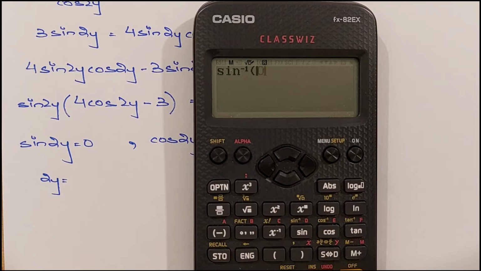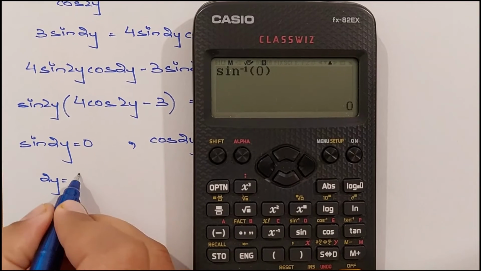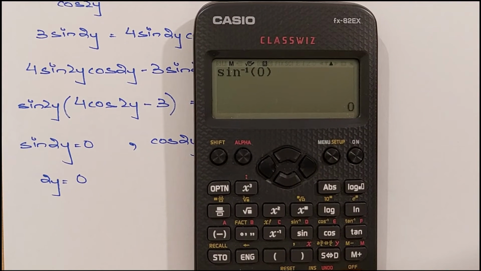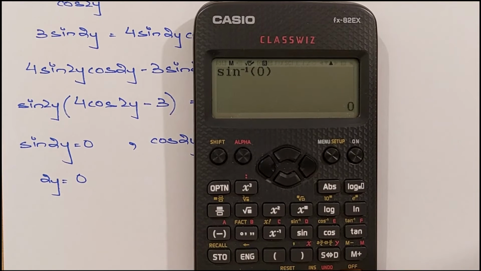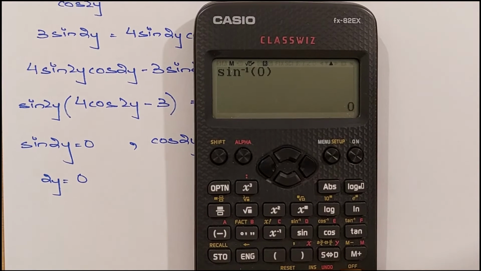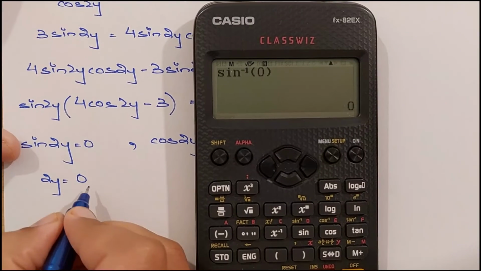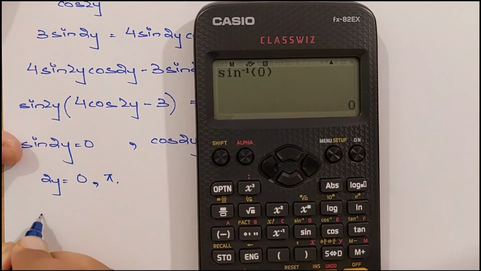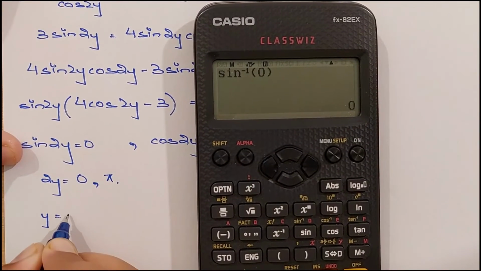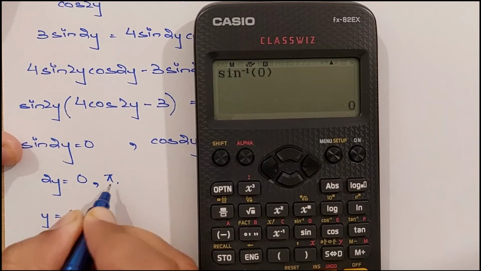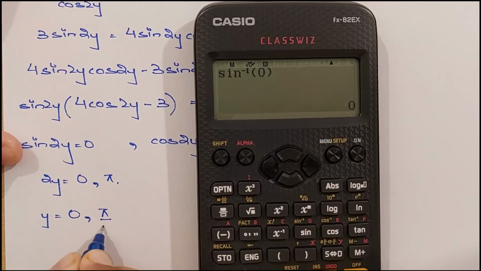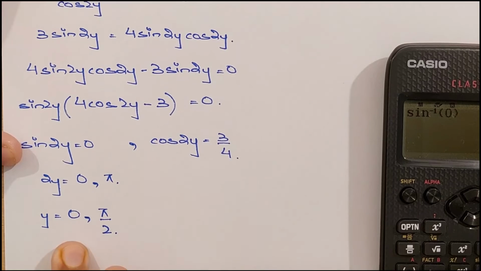Sine inverse of 0 is 0, right? And we know that from 0 to pi, sine is positive in the first and in the second quadrant. So for the second quadrant, we do pi minus 0. So the other value is just pi. So y is 0 by 2, that is 0, and y is pi by 2. So these are the two values of y.